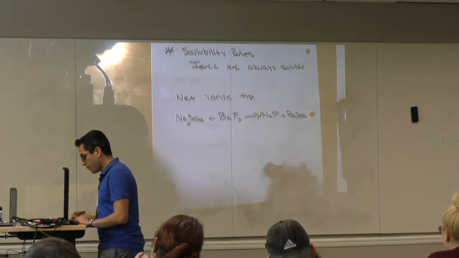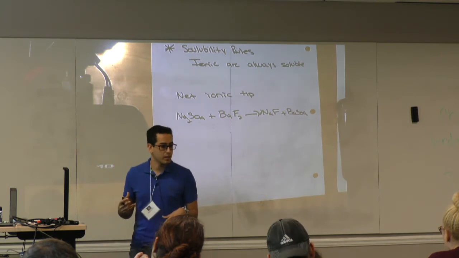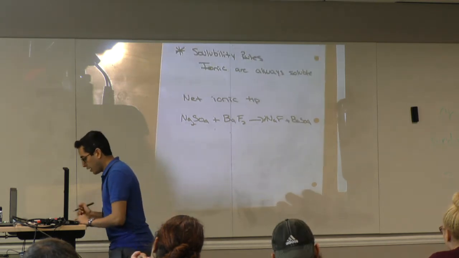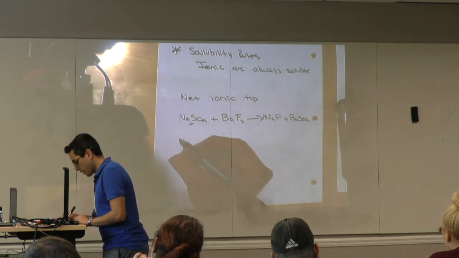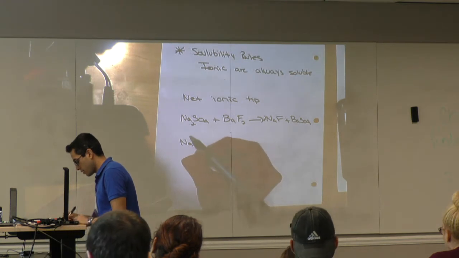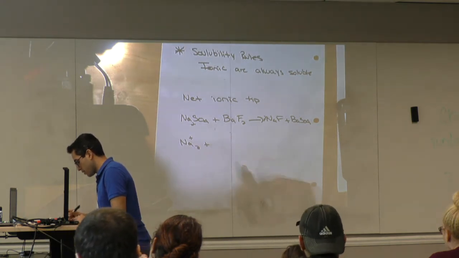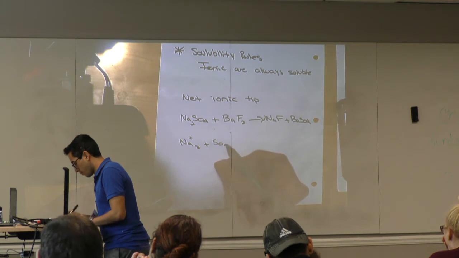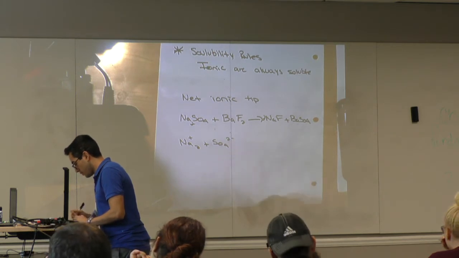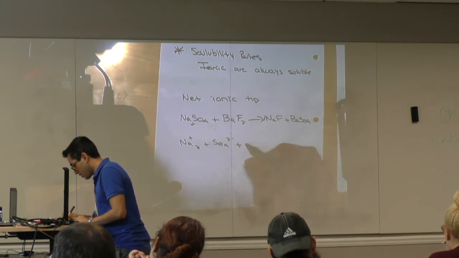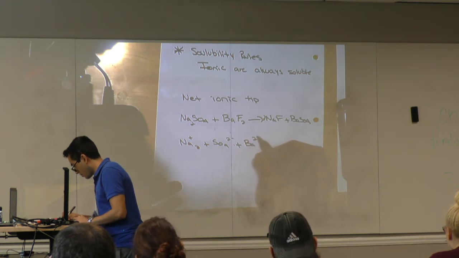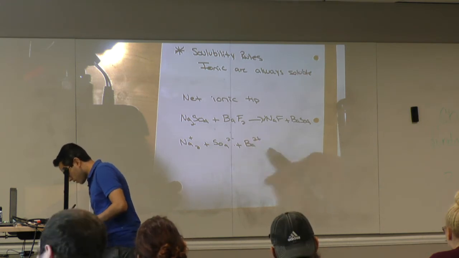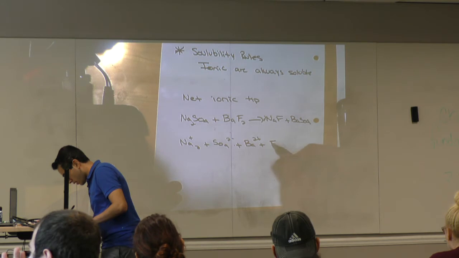So when you break it up for your full ionic reaction, it would look something like this, where you have Na+ plus SO4 2 negative plus Ba2+ plus F- .